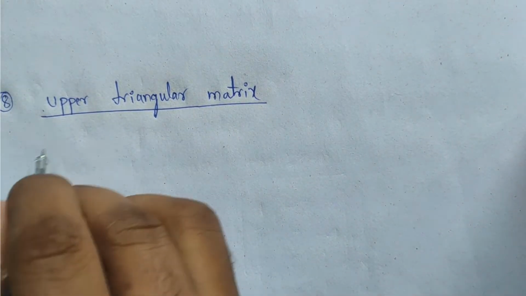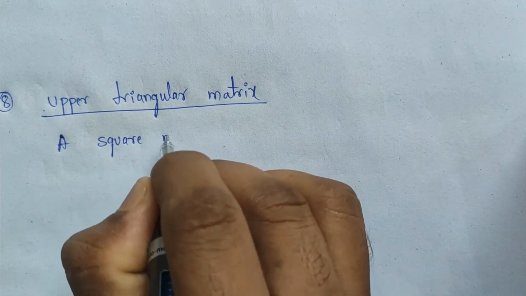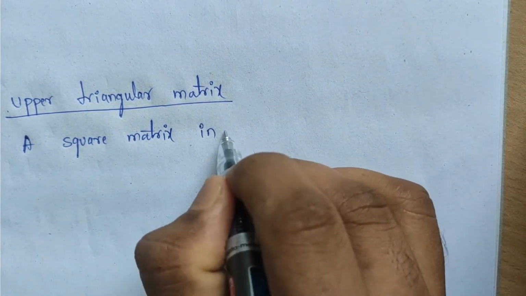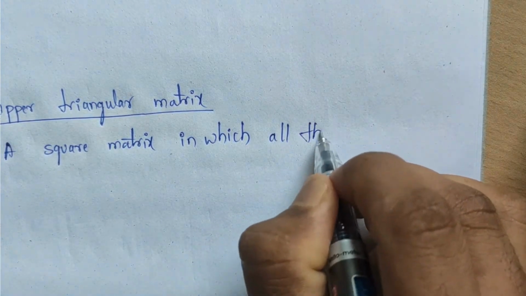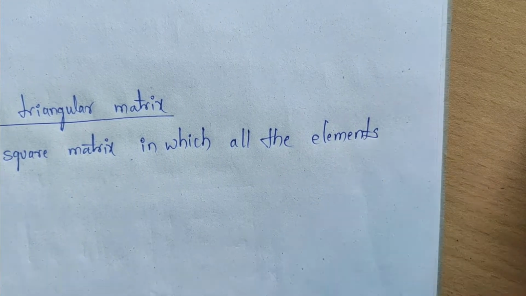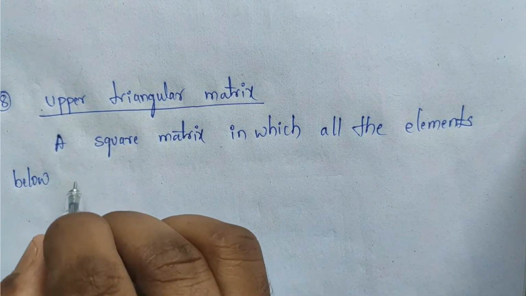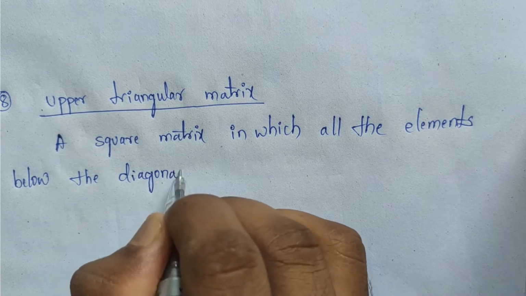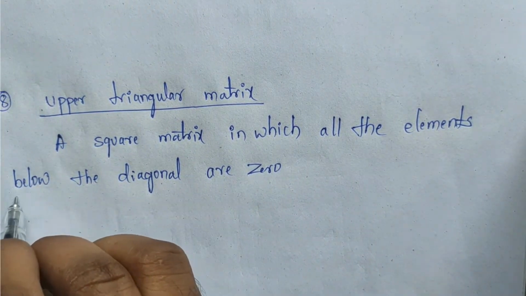Write down. Below the diagonal are 0 is important.